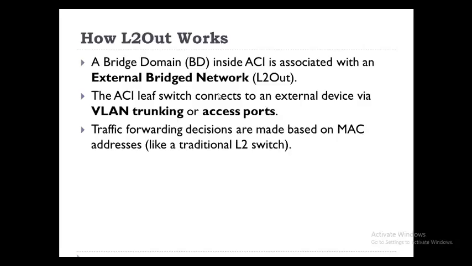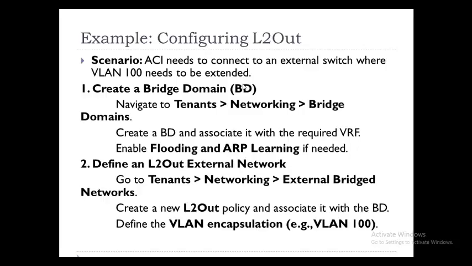See here, for example, we are configuring an L2 out. We have a bridge domain. ACI needs to connect to the external switch where VLAN 100 needs to be extended. VLAN 100. Now, you need a bridge domain. How to create a bridge domain? This is the step.